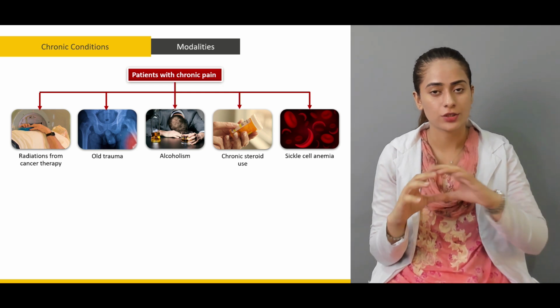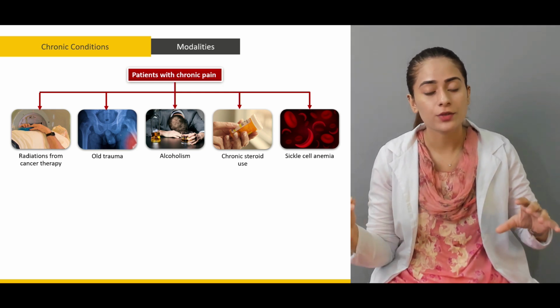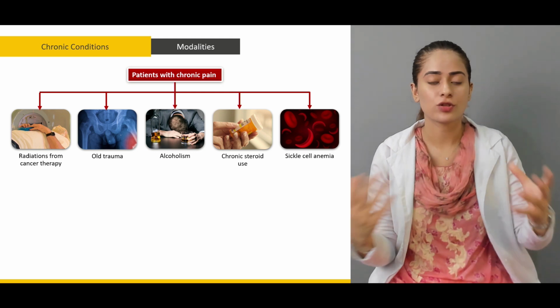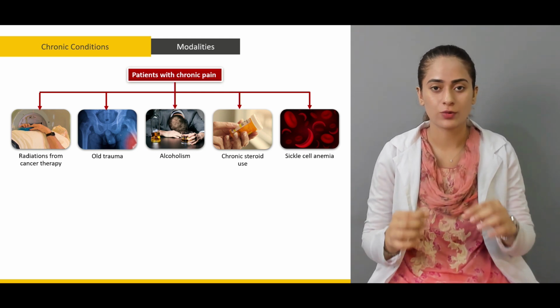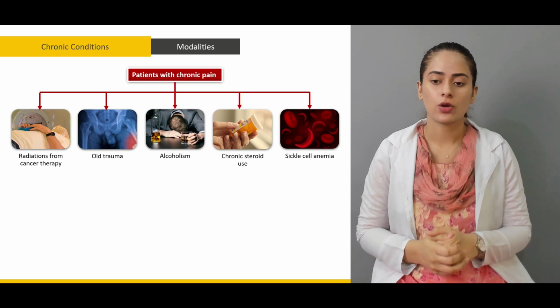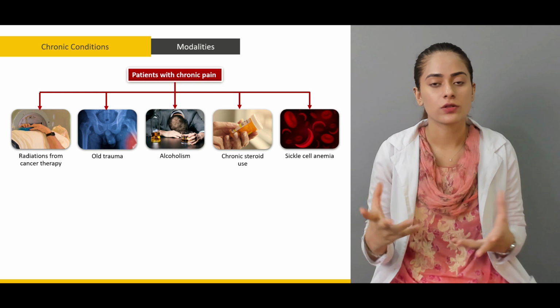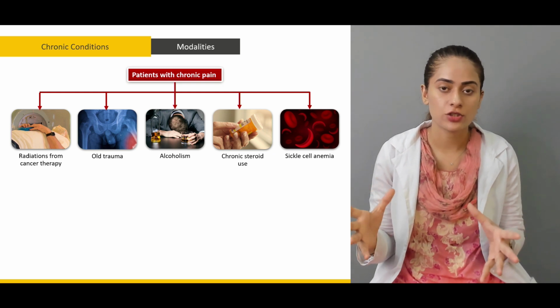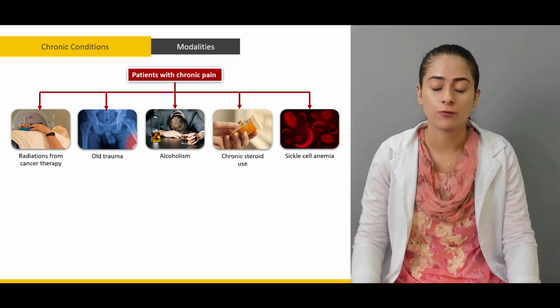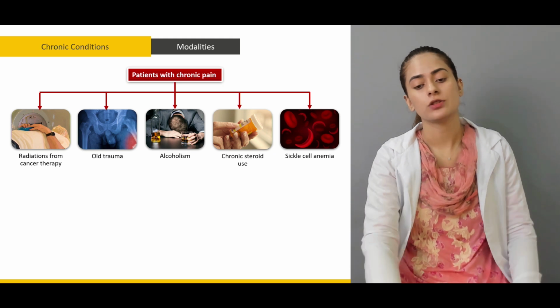If the arteriole is very small, they can't pass through. And because nutrient arteries have a lot of very small branches, sickle cell anemia results in avascular changes, or avascular necrosis if very severe, in some bones.